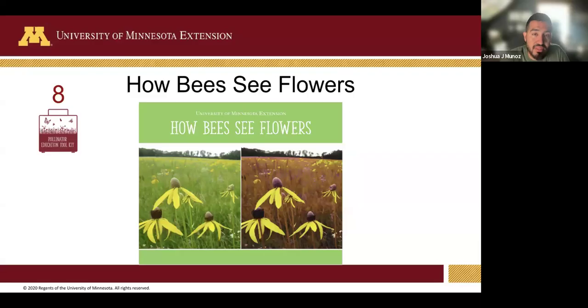And then I believe this might be the second to last station, how bees see flowers. This is a kind of hard one to talk to and discuss with students about, like, how do you figure out how bees see the way they see, and doesn't everything look the way we look at the world?